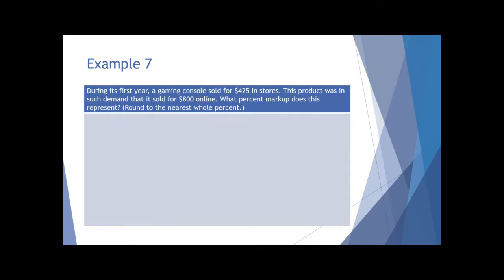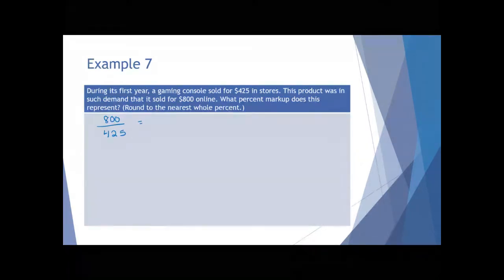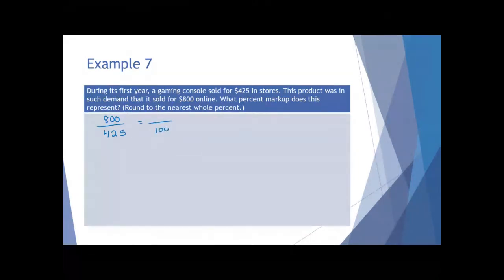So if we have the proportion method, the new price is $800. The original price was $425, so it's going to be 800 over 425. On the right side, it's always over 100, and we're looking for the percent markup, what's added. So we have 100 plus x. So we're looking for what percent was added on.